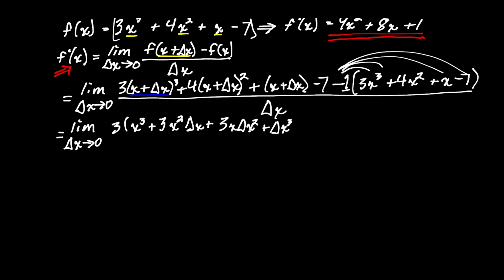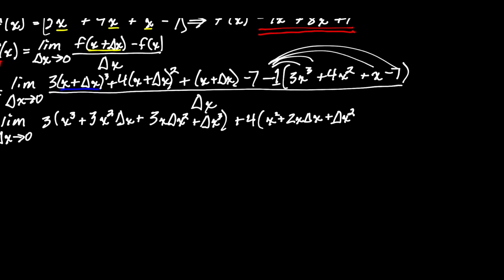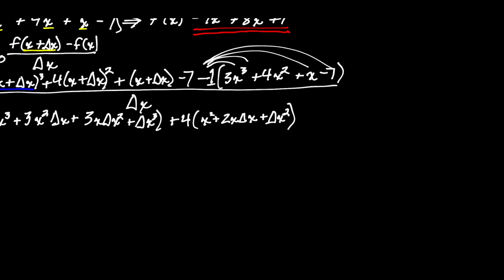Binomial expansion theorem to the rescue again. Plus, I'm going to have to expand this one again. We just expanded this in the last example. x squared plus 2x delta x plus delta x squared, plus, running out of space quickly here, plus x plus delta x minus 7.